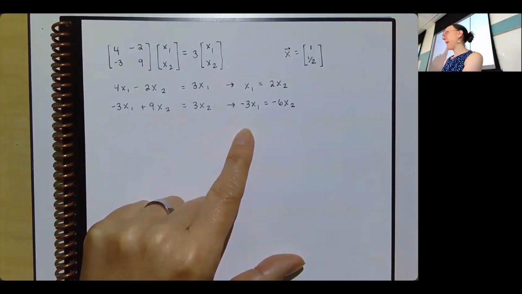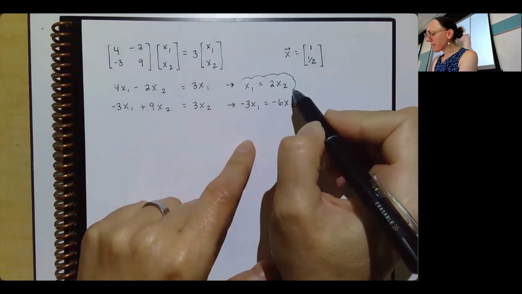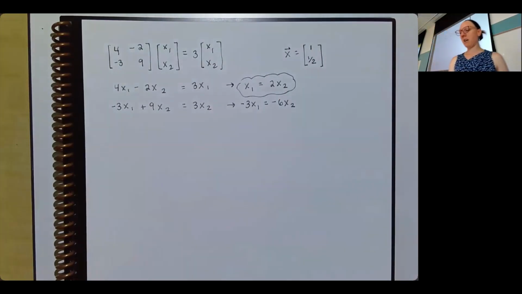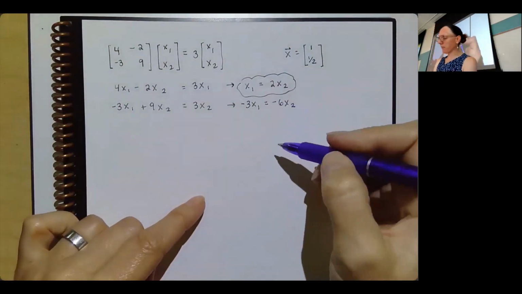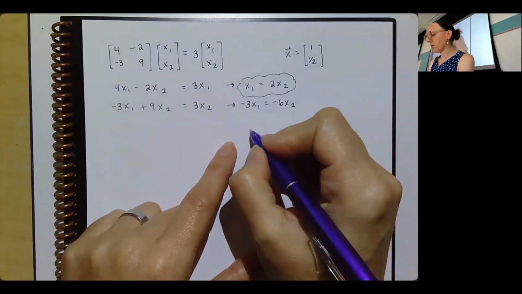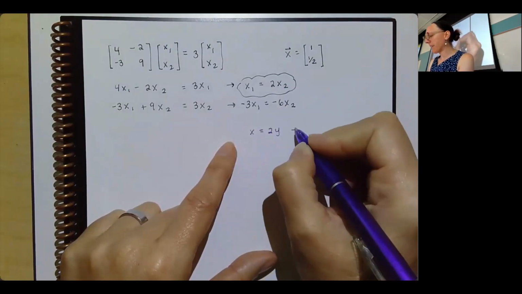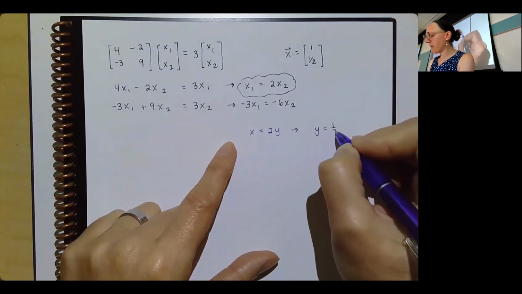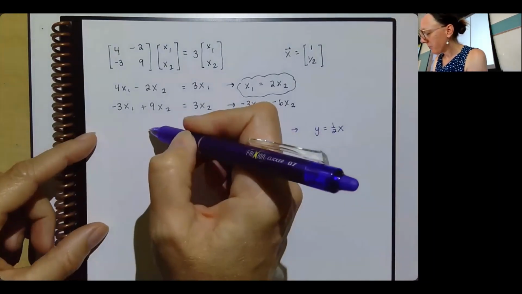The choice I make is to look at this and say, this tells me that my relationship between the x1 and x2, which I'm going to choose to write as x is equal to 2y, that's the same as saying y is equal to 1/2 x.